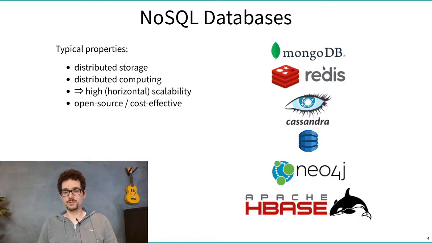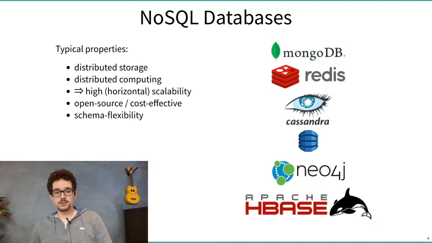And when you use MongoDB, it's for free. And Redis is also for free, and you have all the benefits without any cost. When you use these tools in the cloud, then of course you have the cost of the cloud platform. So most NoSQL databases are open source, and that makes it cost effective.